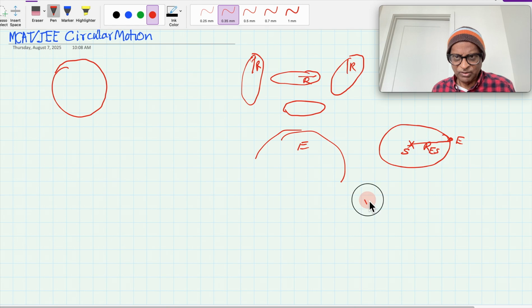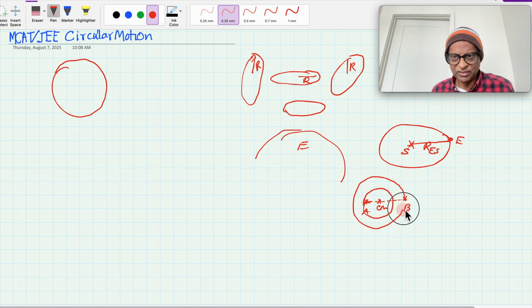You can have a star A, another star B, and this is the center of mass. One goes in a circle around the center of mass, and the other goes in a larger circle about the center of mass. So this is fixed, and this guy is going maybe in the opposite direction.